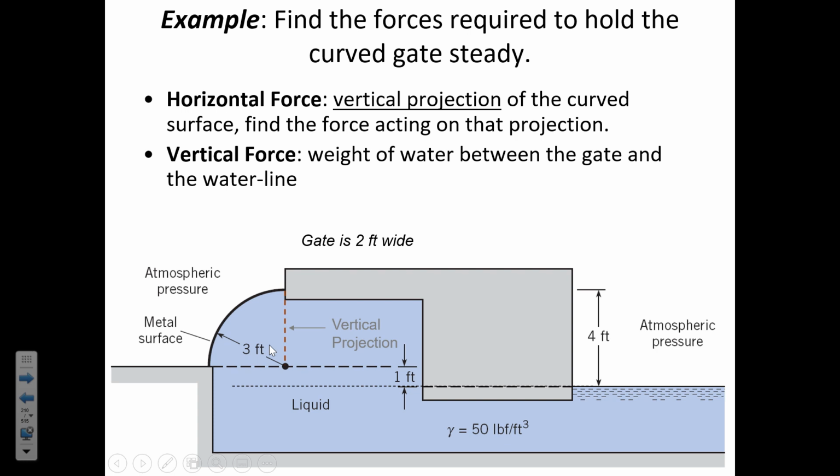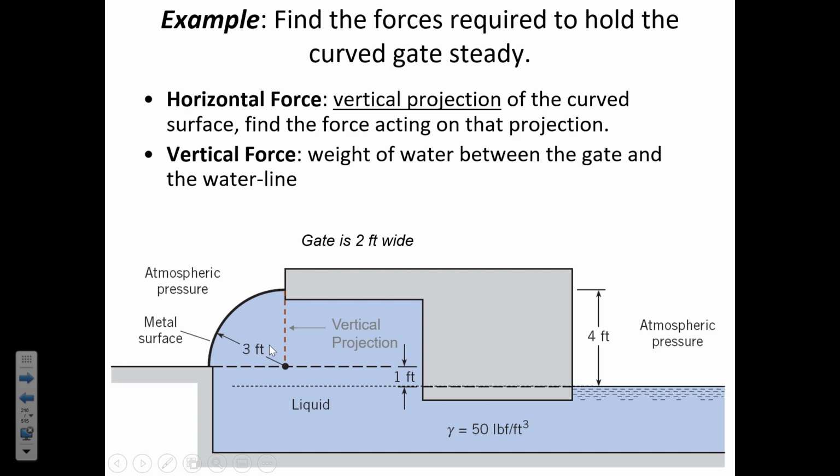Let me erase the whiteboard here. And let's draw the shape of the vertical projection. Okay, so this curved gate has 2 feet of width. And then that 3-foot radius tells us that the vertical projection of the curved gate has a height of 3 feet.